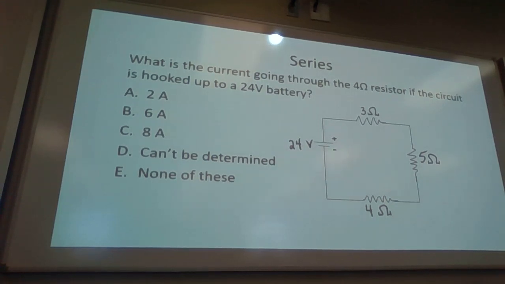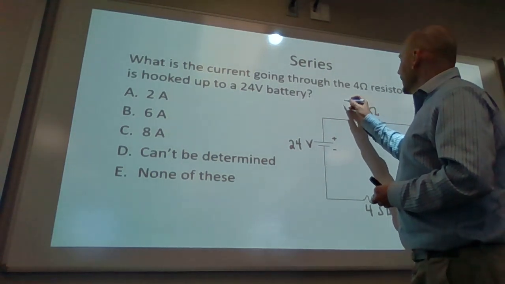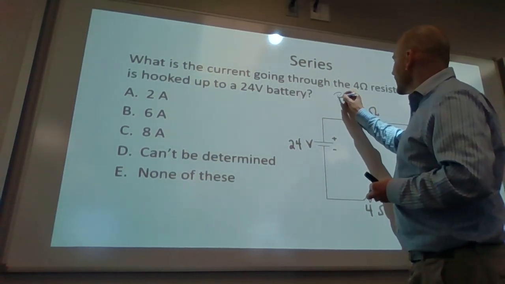Correct answer is, we got A on the table. A loud A. Anybody else? I got C. Okay. So you've got to find the total resistance.